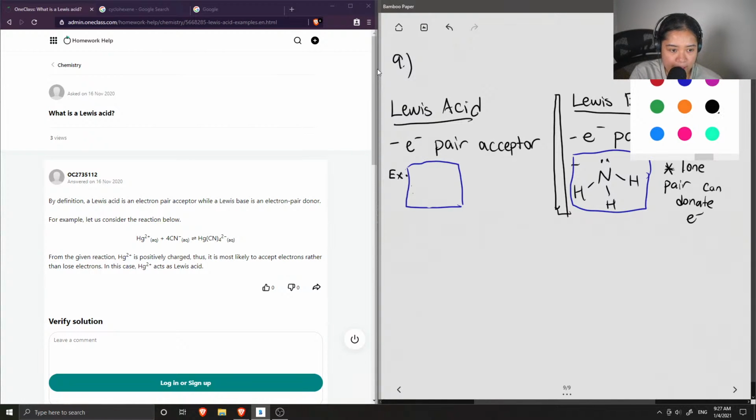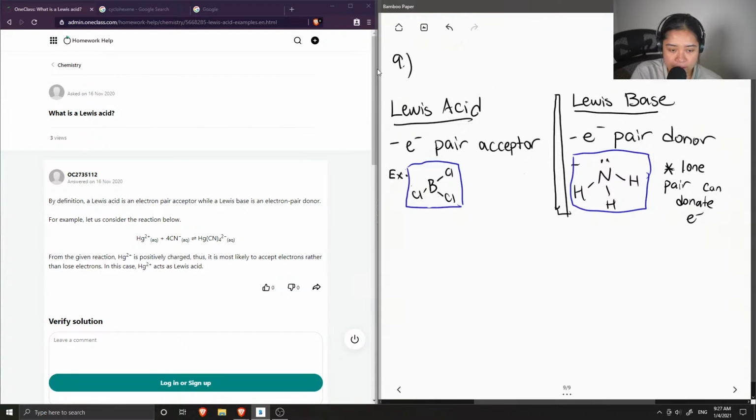But the Lewis acid, on the other hand, since it accepts electrons, an example of one is boron trichloride. And this molecule has an empty orbital. Well, boron has an empty orbital. Therefore, this is a Lewis acid.